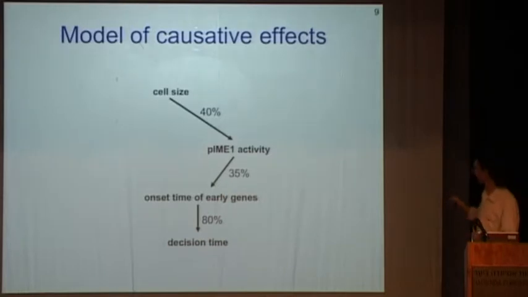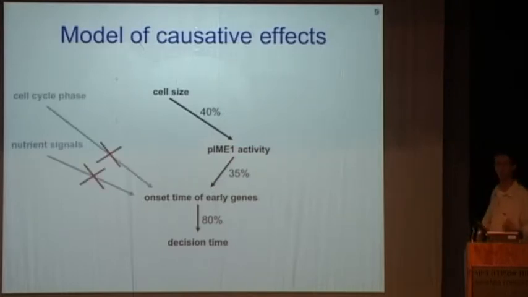I won't go into more detail here, but using some statistical tools, and the fact that we have measurements from thousands of cells, which gives us the power to do statistics, we can draw more of these causal connections and put numbers on them. For example, how much of the variance in this parameter is governed by cell size and so on.